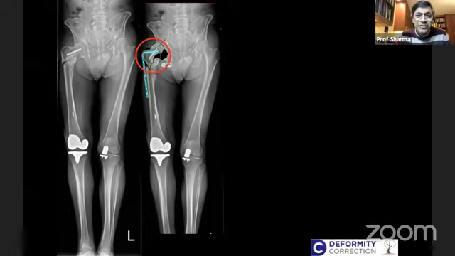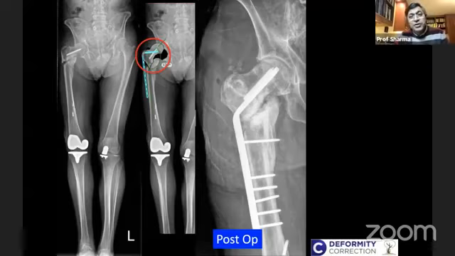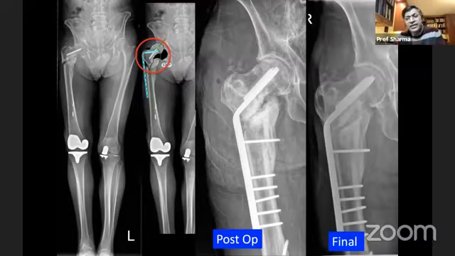So I have to compromise on mechanics a little bit. I compromise on the mechanics a bit, put in a blade plate, but in addition, I also bone grafted him. In a lot of these cases, I will not bone graft because I don't think bone graft is as helpful as everybody thinks and makes out of it. But in this situation, I thought there's a bit of medial gap, I'd better bone graft it. And I grafted it. And in about 6 to 9 months' time, he healed up.